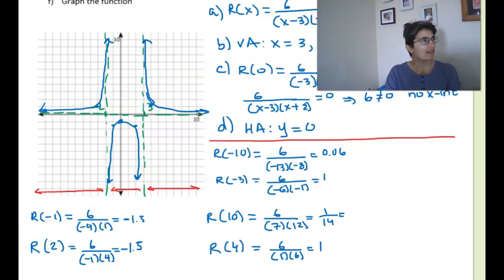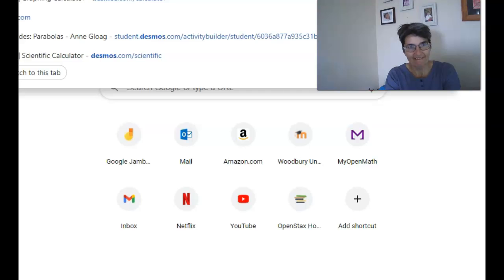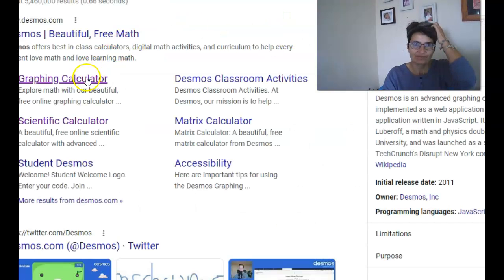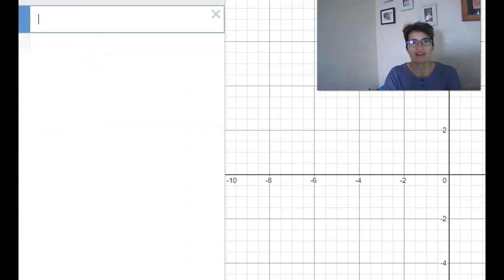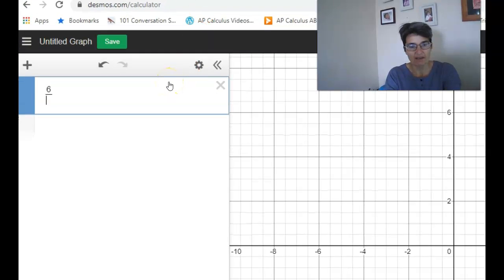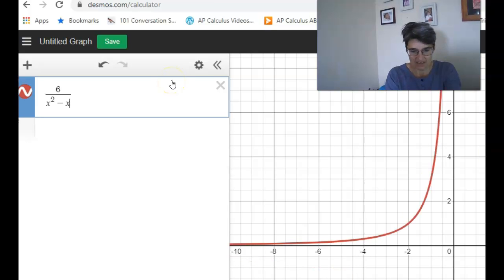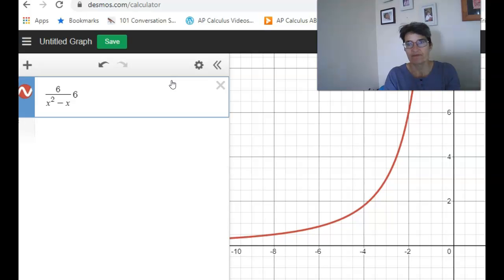Alright, let me see if I can bring up Desmos. Just ignore that. There we go. Okay, so my original function was 6 divided by x squared minus x minus 6.